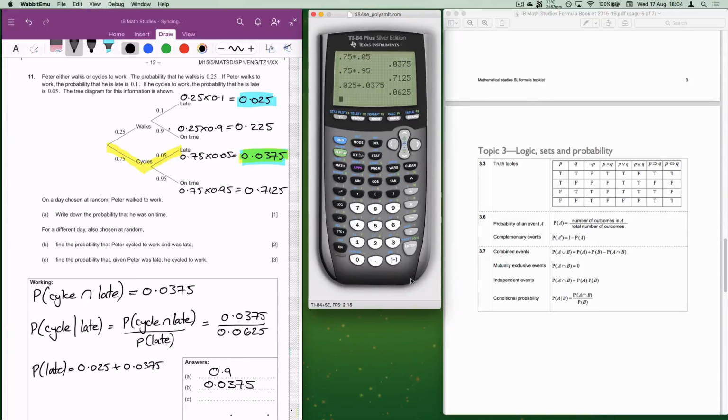Now if we just divide these two, 0.0375 divided by 0.0625, we should get an answer of 0.6. So that is the probability that given Peter was late, he cycled to work, 0.6.